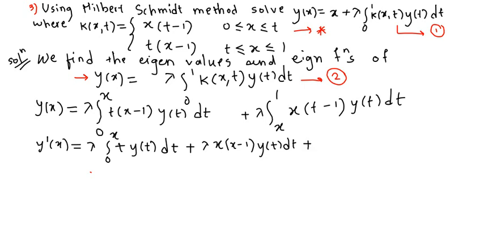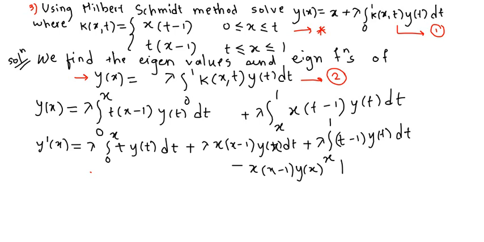I am using the Leibniz rule for this. Then differentiating the second term with respect to x, that will be lambda times the integral from x to 1 of (t-1) y(t) dt, minus x(x-1) y(x), sorry, it should be y(x), not dx.